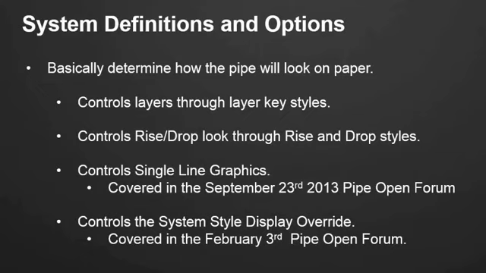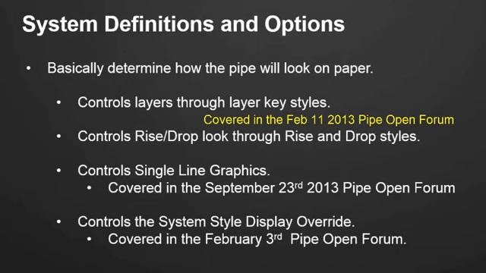You control your layers through your layer key styles, and we've spoken about layer key styles in the past. We have a whole open forum on that. To summarize it, what a layer key style does is when you tell the software you want to start routing a specific pipe system, it checks to see what layer key style is assigned to that pipe system, and then it looks at the layers in your drawing.